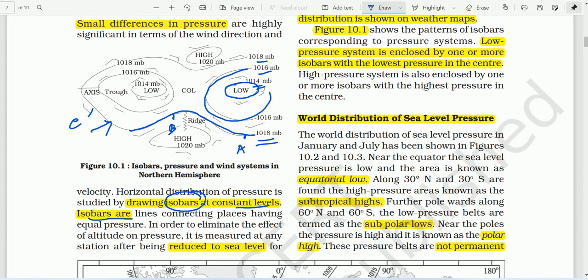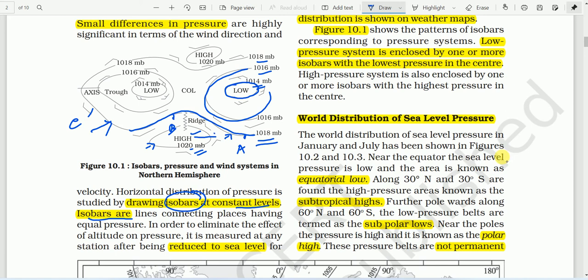So in a low pressure system you will find lower pressure values at the center. High pressure areas are also represented by circular or concentric isobars, but in case of high pressure there will be a higher pressure value at the center. See here the pressure value is 1020 millibar, then 1018 millibar, then 1016 millibar.